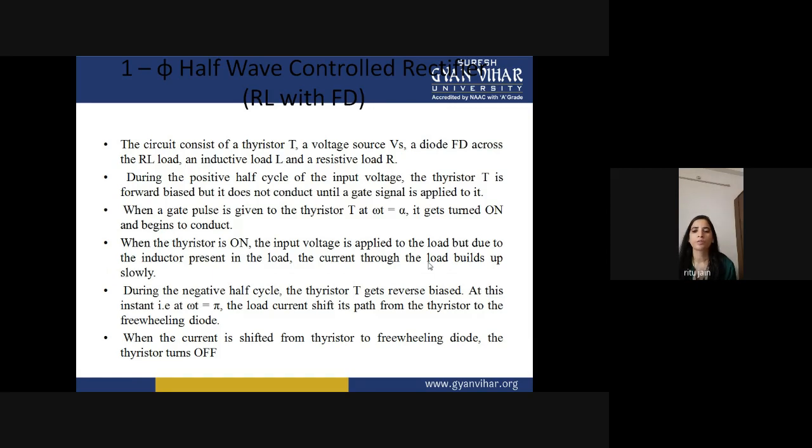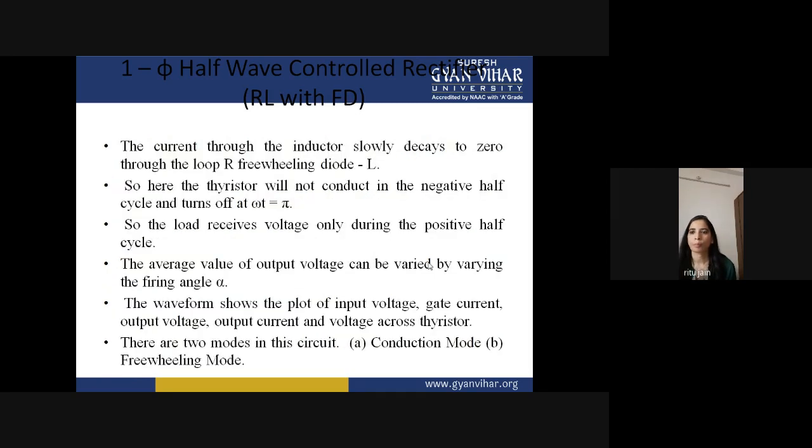When the current is shifted from the thyristor to the freewheeling diode, the thyristor turns off. So the current through the inductor slowly decays through the loop R, freewheeling diode, and L.